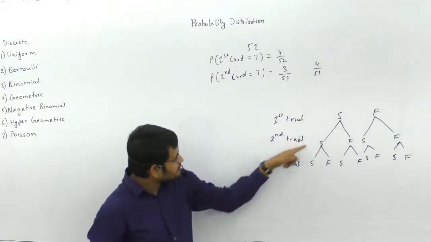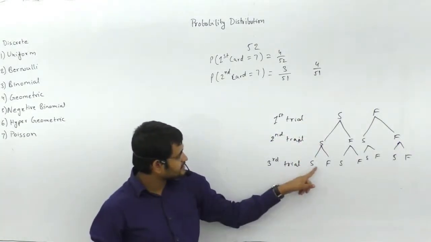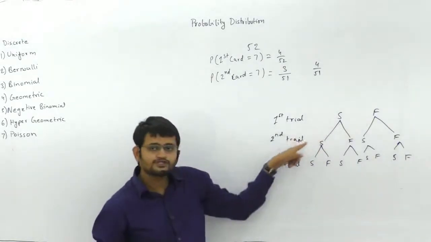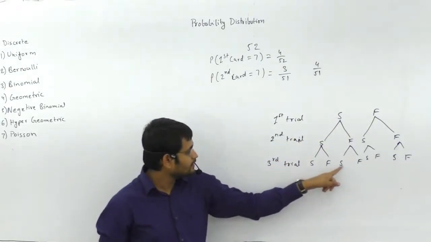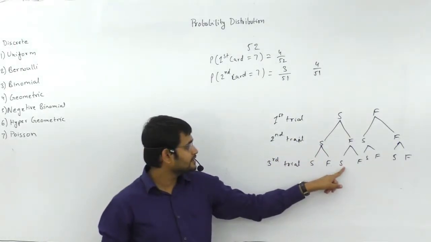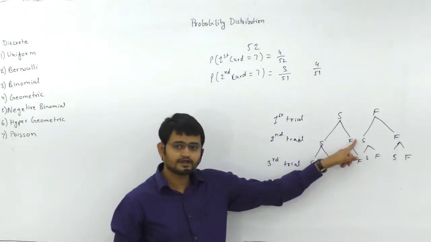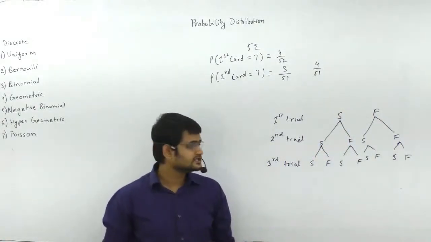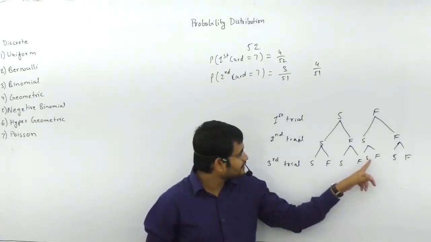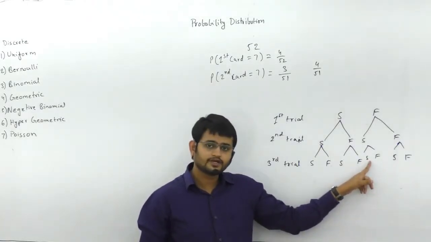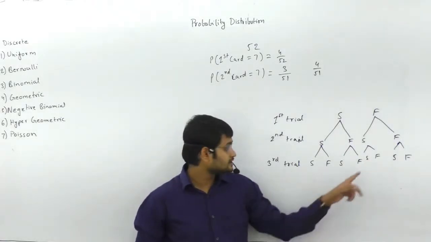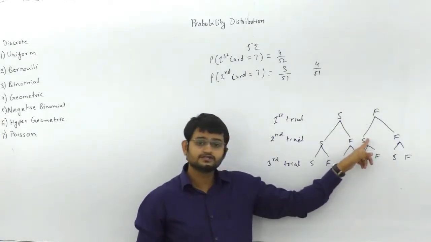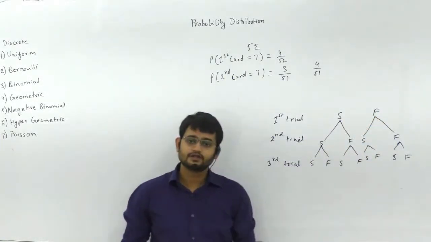The probability of the third being a success when both earlier trials are successes will be different from the probability of the third being a success when the second is a failure and the first a success, and also different from when the second is a success and the first is a failure.